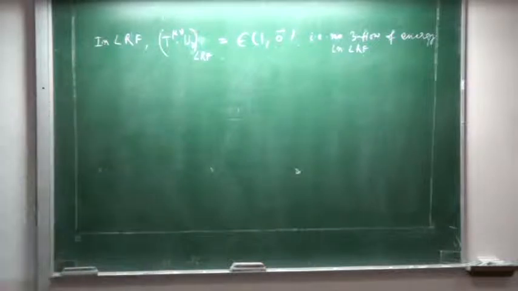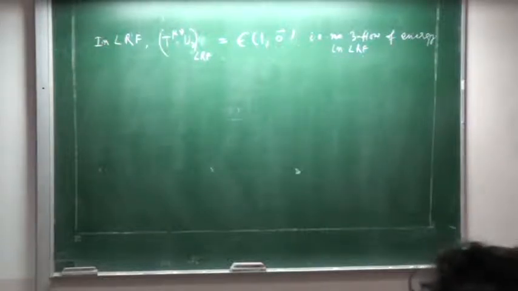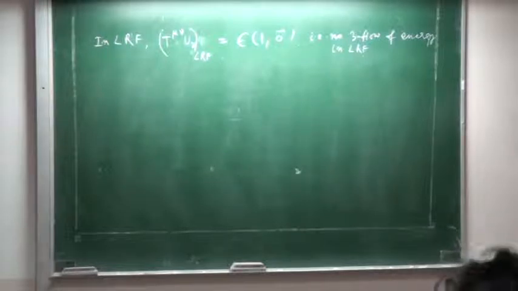So again, this factor is just for normalization. Make sure that u mu is of unit norm. So apart from this factor in the denominator, u mu is parallel to this covector, which is energy flow.